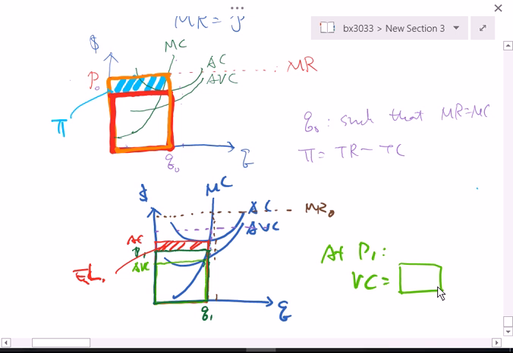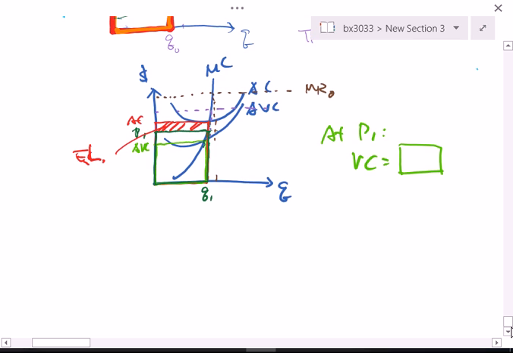So now we find that the total revenue can still cover the variable cost. In this situation, you will keep producing. Even though you are making a loss, you will still produce output. And we call this.